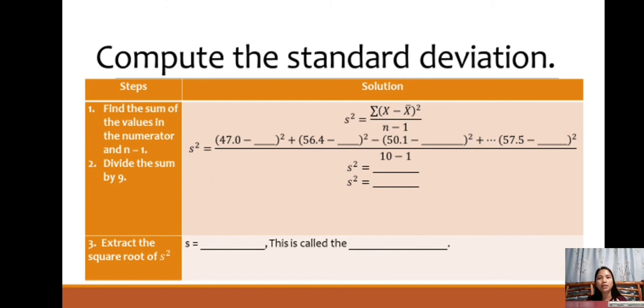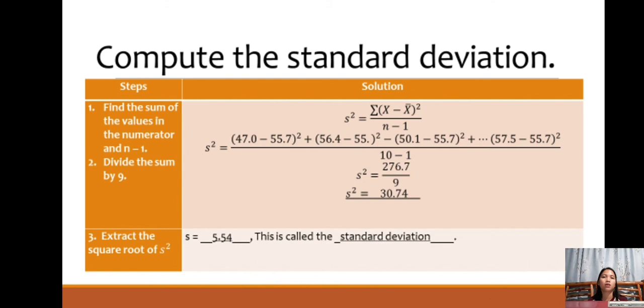So let us proceed to computing the standard deviation. So in finding the sum of the values, you need to divide it by the denominator n minus 1. We are talking about samples, so we will use n minus 1. In finding the standard deviation, you just have to get first the variance, then take the square root, and that is the standard deviation.